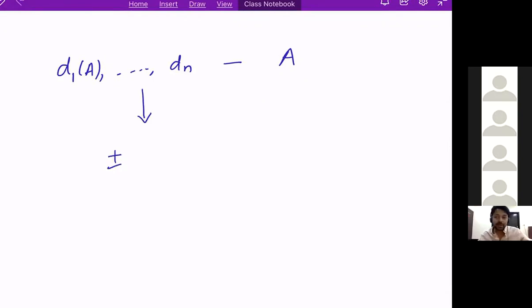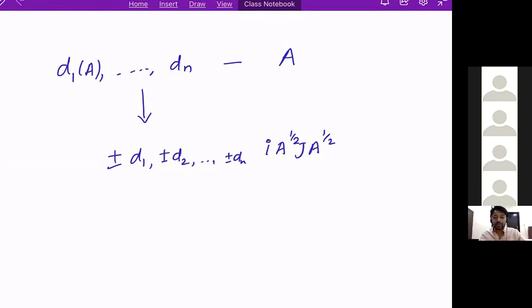So we have n symplectic eigenvalues for A. And if you consider this Hermitian matrix, i A power half, J times A power half, its eigenvalues are given by these 2n numbers, plus minus d1, plus minus d2 and so on up to plus minus dn. So in this way, the symplectic eigenvalues are connected with the eigenvalues of this associated Hermitian matrix.